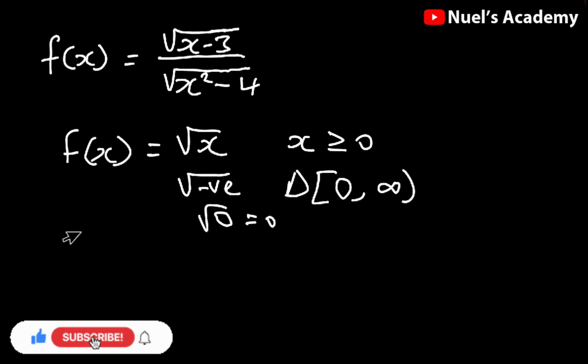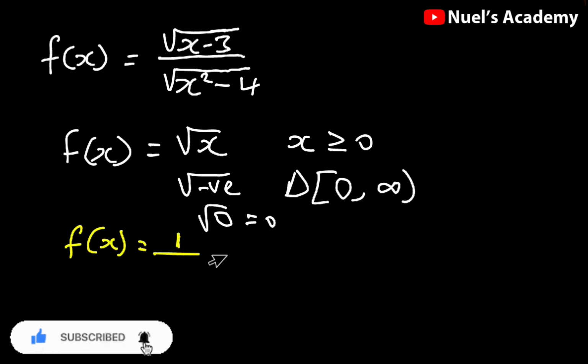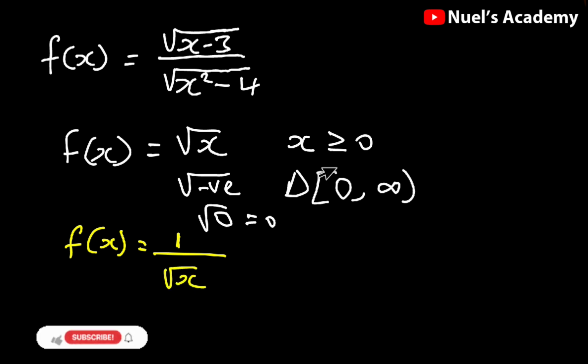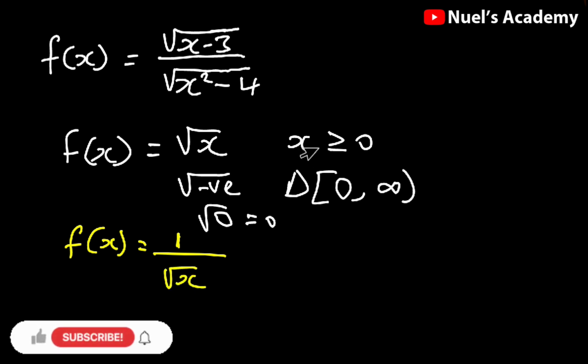Now, what if you have something like f of x is equal to 1 over the square root of x, alright? Notice that we set x to be greater than or equal to 0, but in this case, we can't set it that way, because if we do that, we are going to have 1 over 0. We don't want to have 1 over 0 because if x is equal to 0, it means that f of x is going to be undefined.